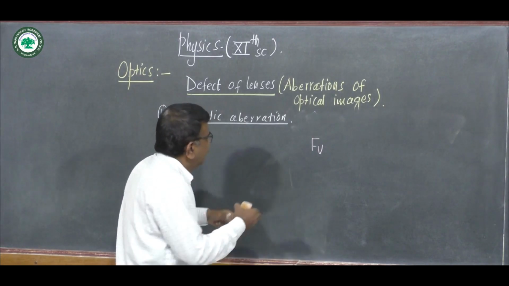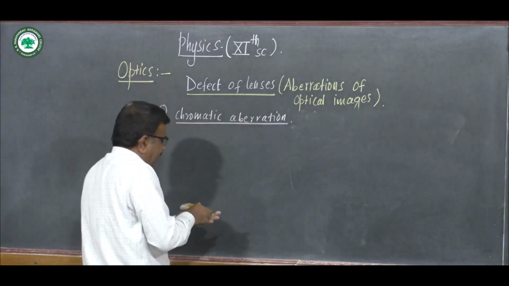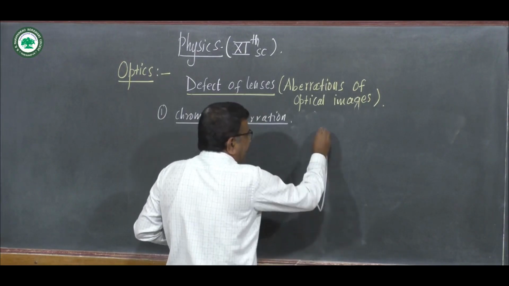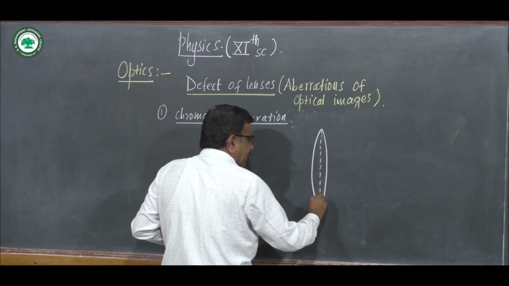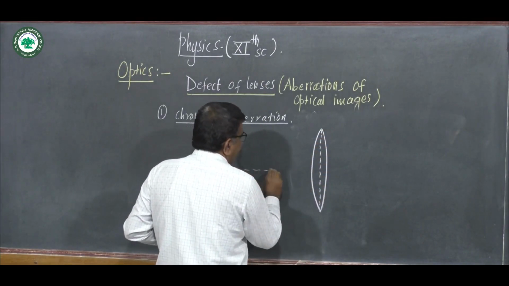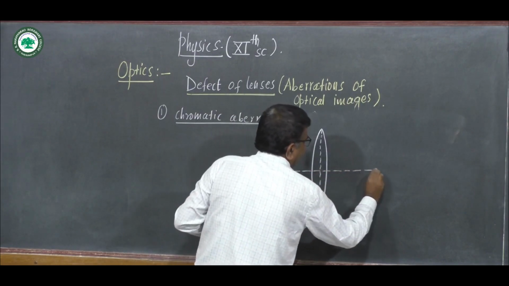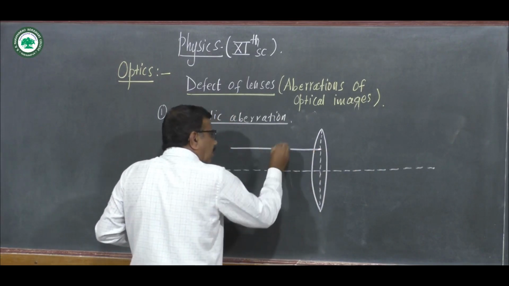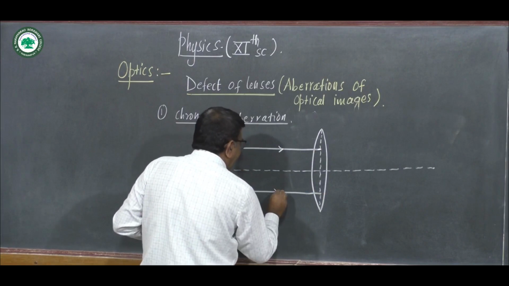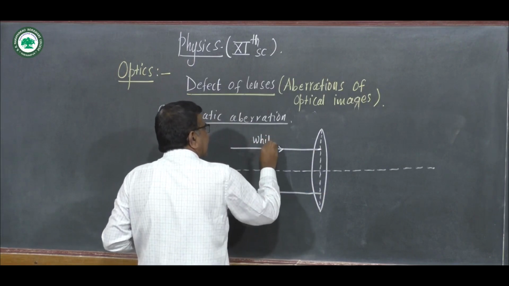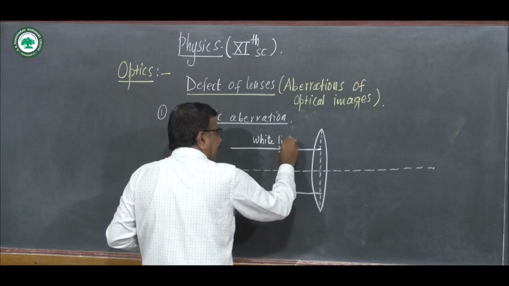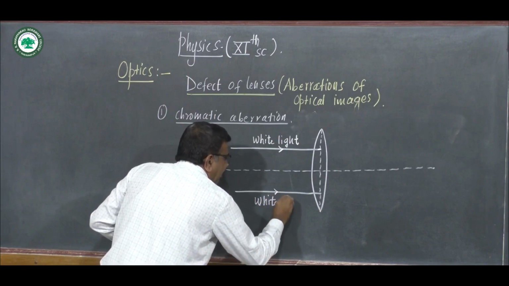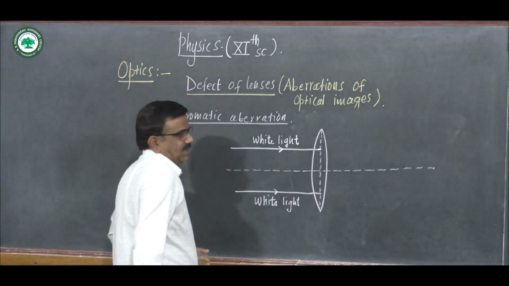See here again, firstly see the diagram, and then I will explain in detail. Suppose this is a convex lens. This is the principal axis. If white light, a parallel beam of light, is incident on this convex lens, and we know it is polychromatic, it consists of different colors from violet to red.